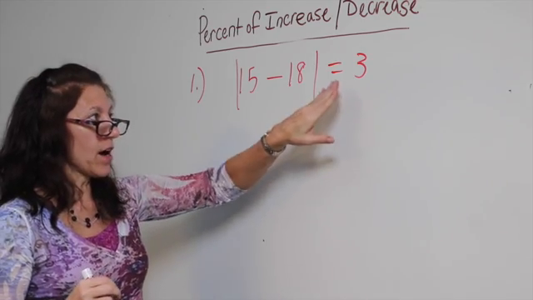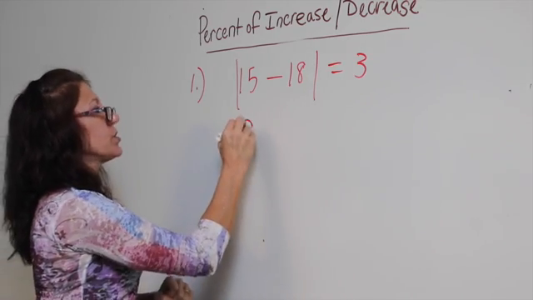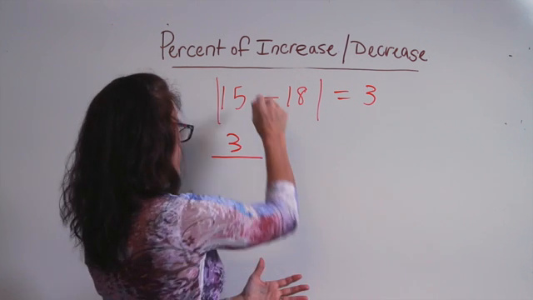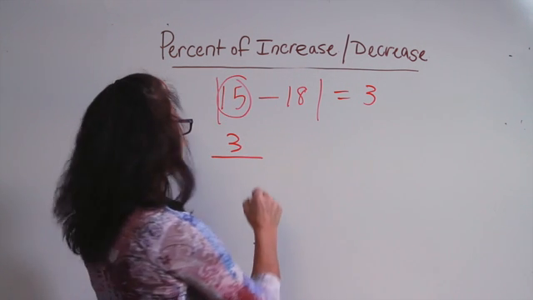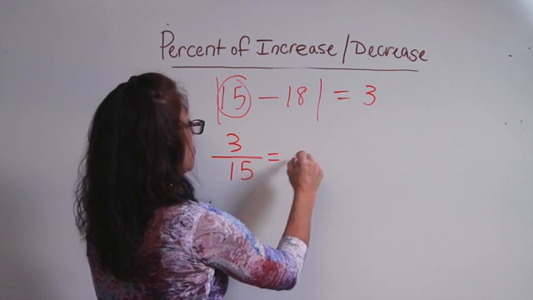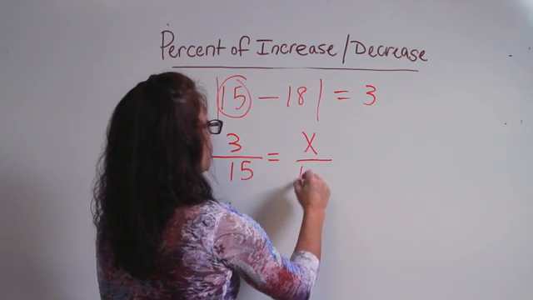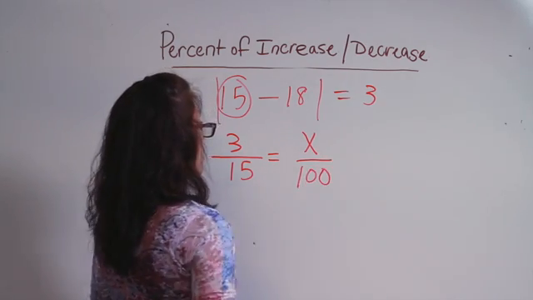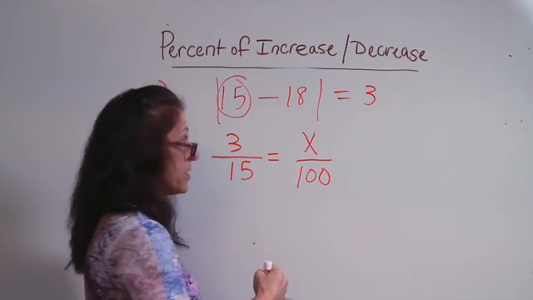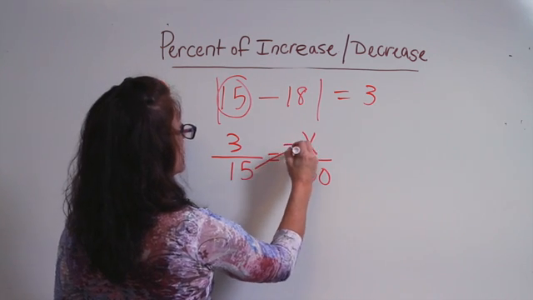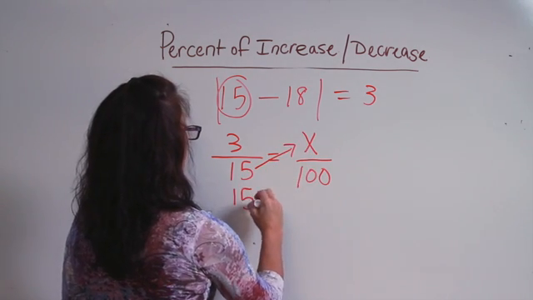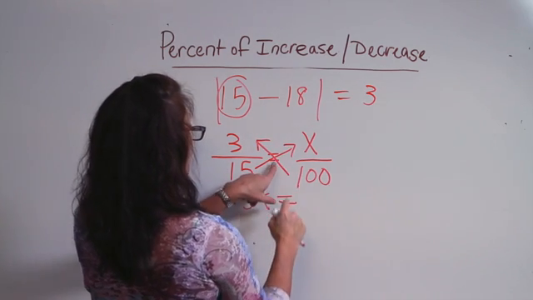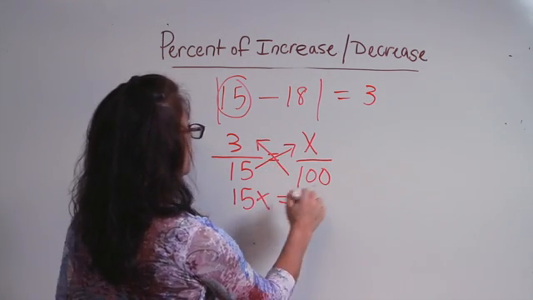So now we can take our change, which is 3, write it over the original amount, which is 15. And we set that equal to our x over 100 because that is the percent part of the problem. We are ready to solve this. So we're going to start with 15 times x, and then 100 times 3, and they're going across the equal, so that's why there's an equal sign between them.